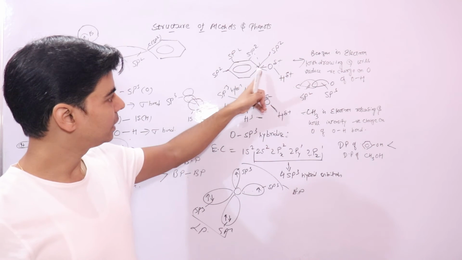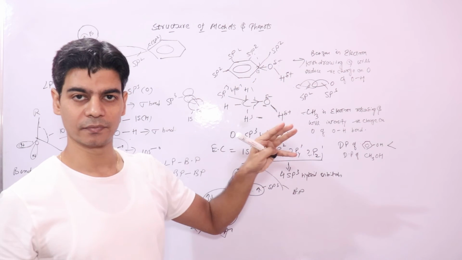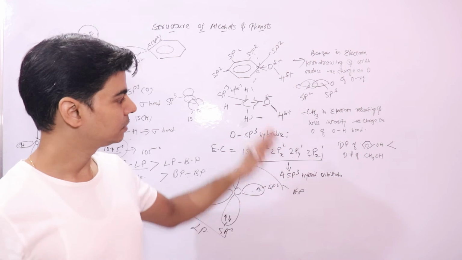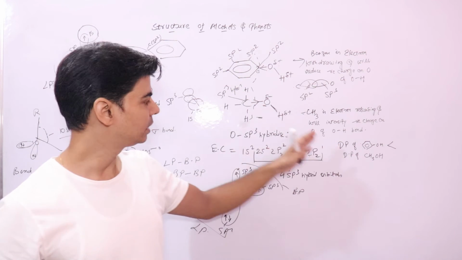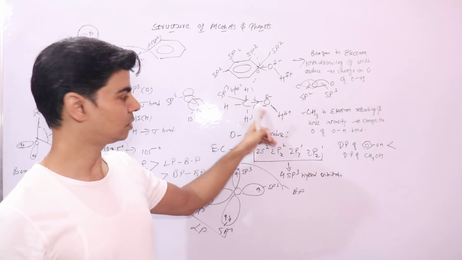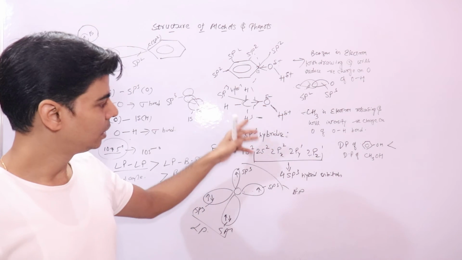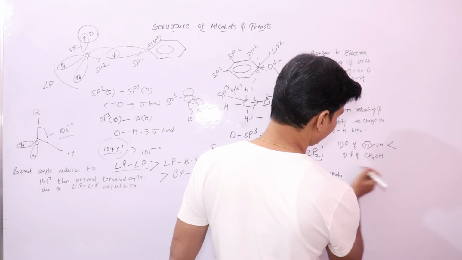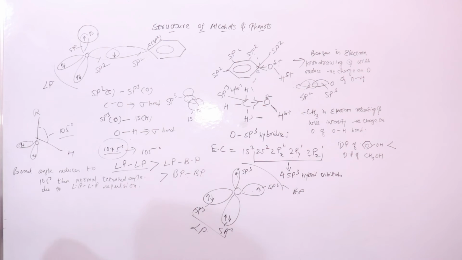So when this withdraws electron, it is making it less negative, right? Less negative means the bond will become less polar, right? That will reduce its dipole moment. Whereas in case of methanol, it is reversed. It is intensifying the negative charge on oxygen atom, due to which the dipole moment would be higher for methanol, right?